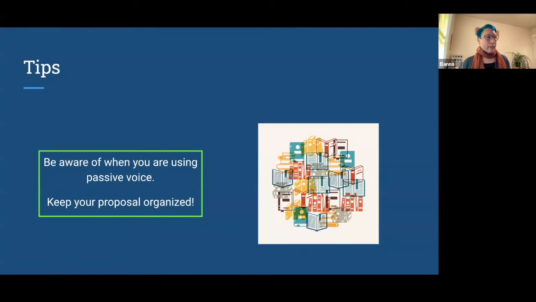Another example is, I was moved by the presentation versus the presentation moved me. Those are different ways to format your sentences so that the action comes first and the subject follows shortly after, so that you know exactly what's happening as the sentence begins, and all of the descriptors come after.